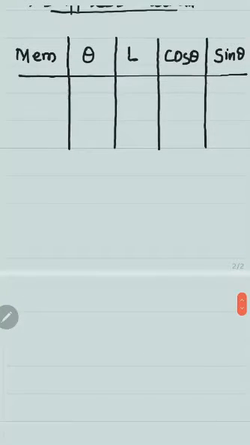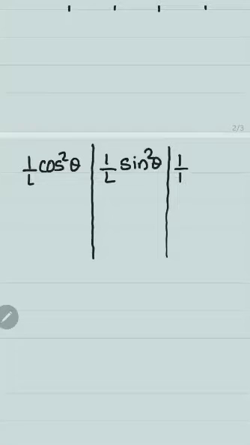Next it will be 1 by L cos square theta, 1 by L sin square theta, and 1 by L cos theta sin theta.